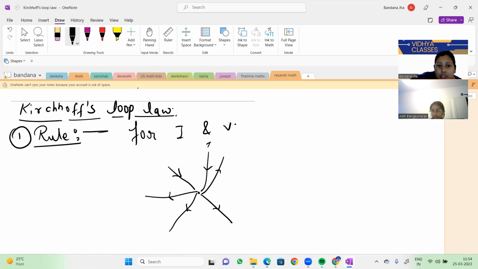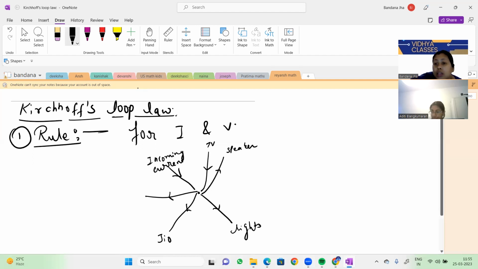One is connected to your TV, one to your speaker, one to your lights, and suppose this is your incoming current. Then one is connected to your Jio fiber set-top box.